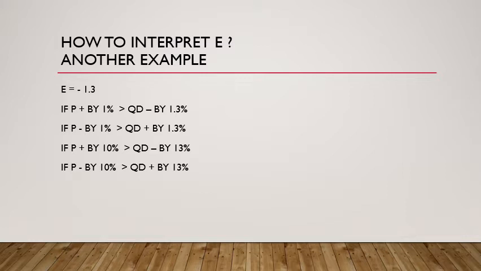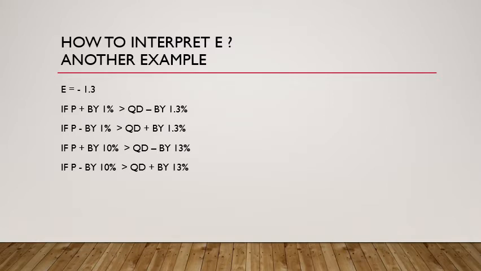It's not a calculation. Again, I have arbitrarily chosen 1% as my number of convenience. So if the price goes up by 1%, quantity demanded will go down by 1.3%. And if the price goes down by 1%, quantity demanded will go up by 1.3%.